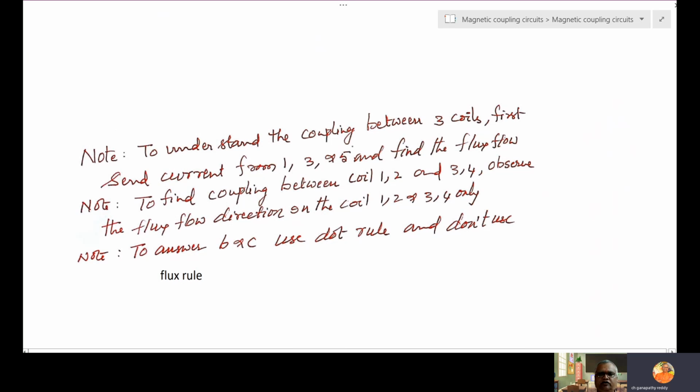To understand the coupling between three coils, first send current from 1, 3, 5 and find the flux flow direction.